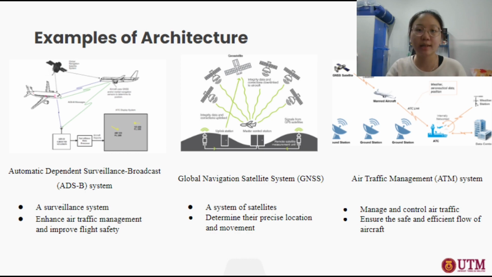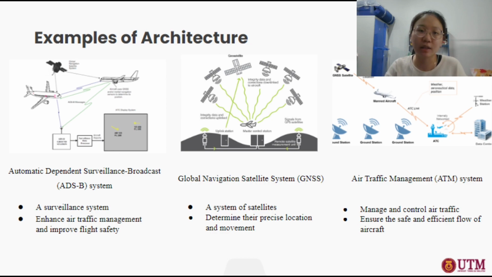The ADS-B system is a surveillance system used in aviation to enhance air traffic management and improve flight safety. It uses GPS technology to determine the precise location of an aircraft and then broadcasts that information to air traffic control and other aircraft. It facilitates the movement of aircraft, allowing them to move efficiently and reducing the risk of collision.